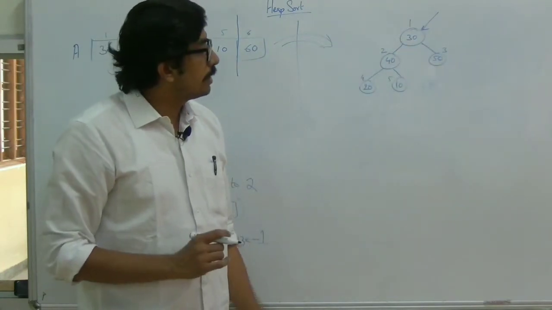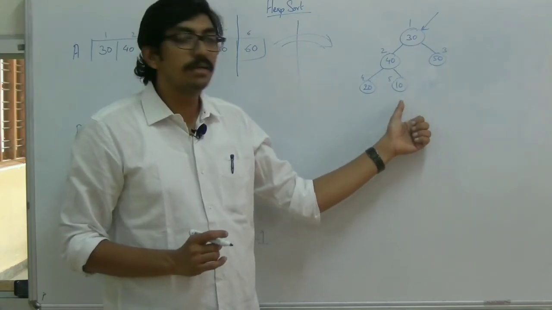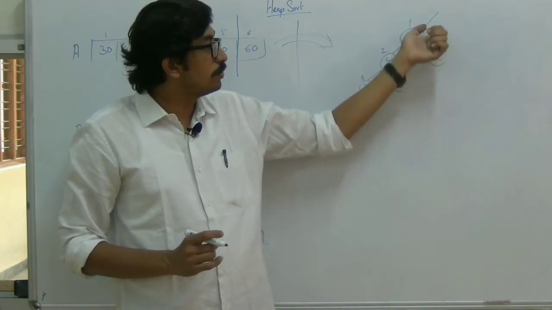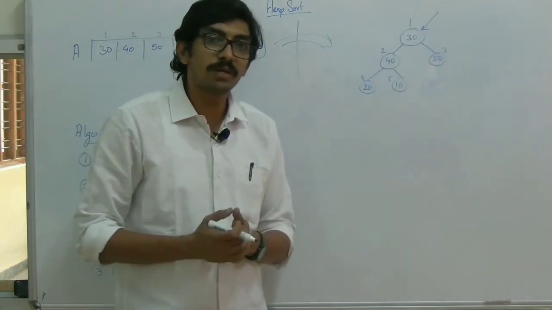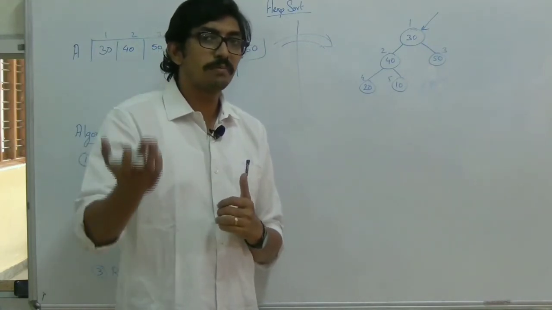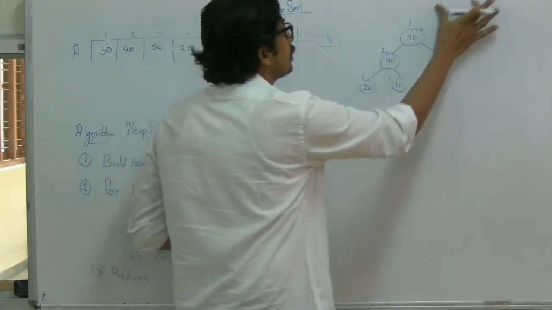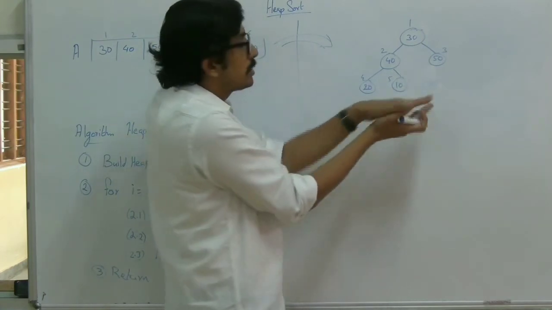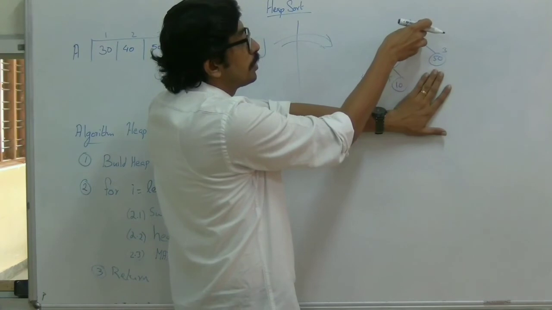Now you can see that again the max heap property has been violated. This is not a max heap anymore because we have swapped the last node to root position, which means there is a violation. Now how can we convert it back to a max heap? Do we need to call build heap? No, actually not. The only difference we made was that we removed the last node and that value has been put into root node.